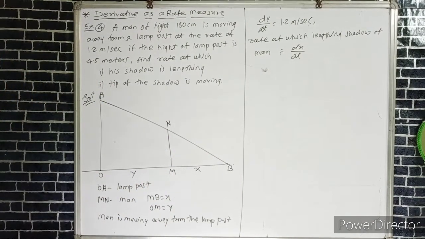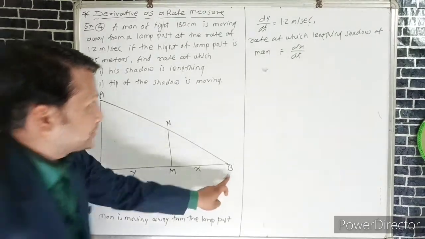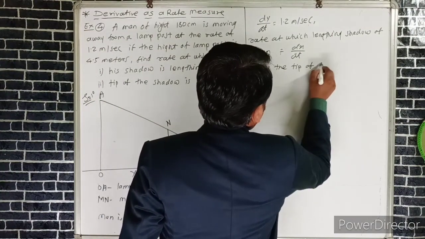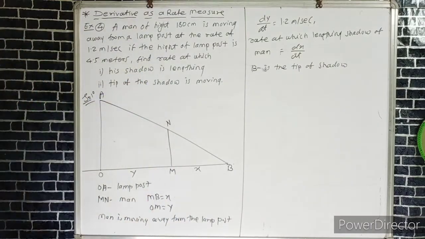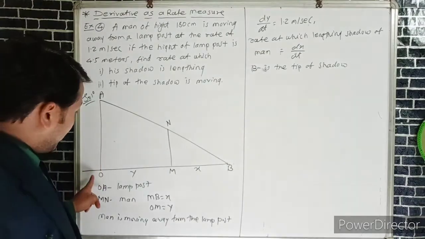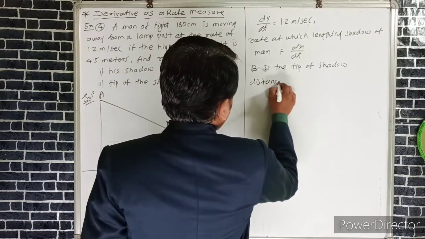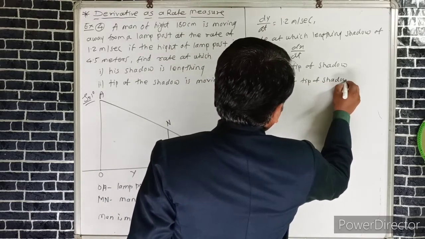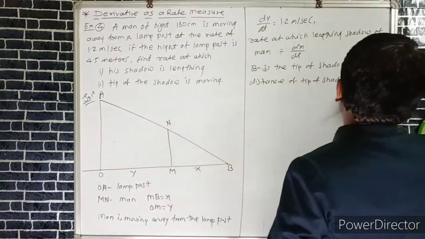Now B is the tip of the shadow, and its distance from the lamp post, OB, is x plus y.